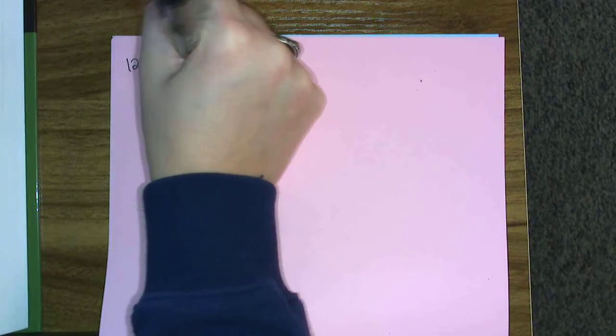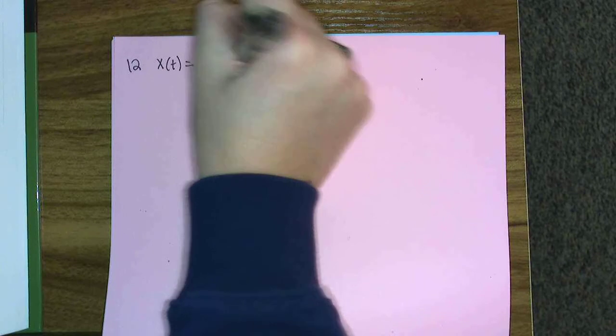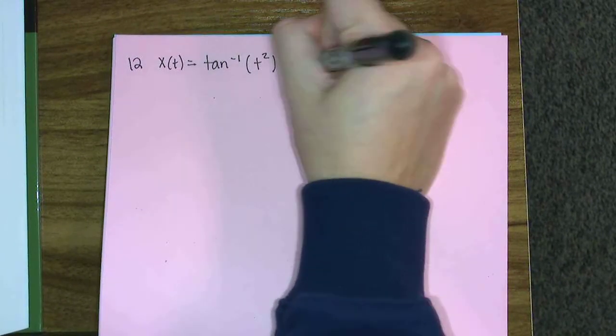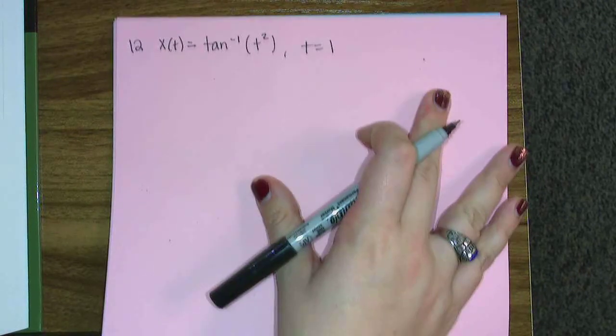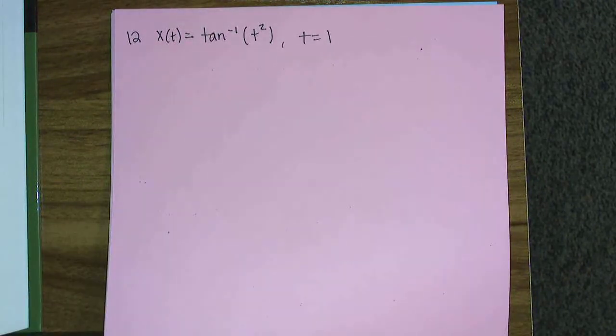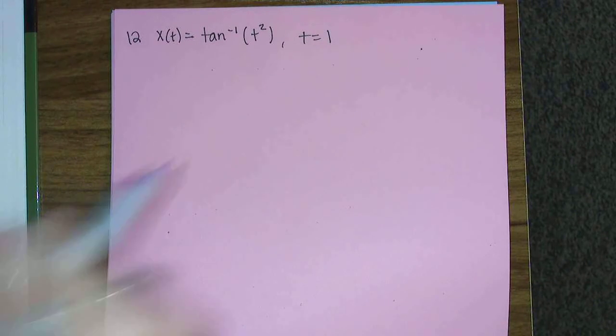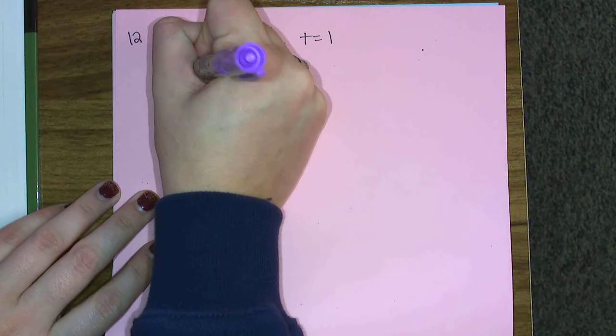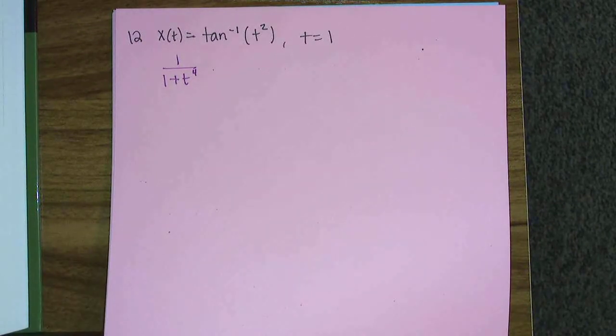So we have x of t is equal to the arctangent of t squared, and t is equal to 1. So I need the derivative of arctangent. So what would I have then for that? Yeah. 1 over 1 plus t to the 4th, and then what else?